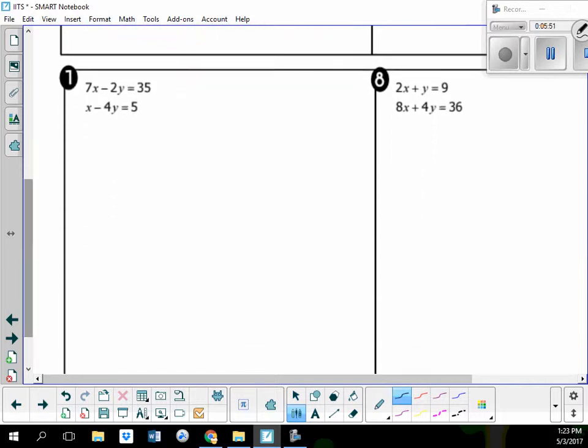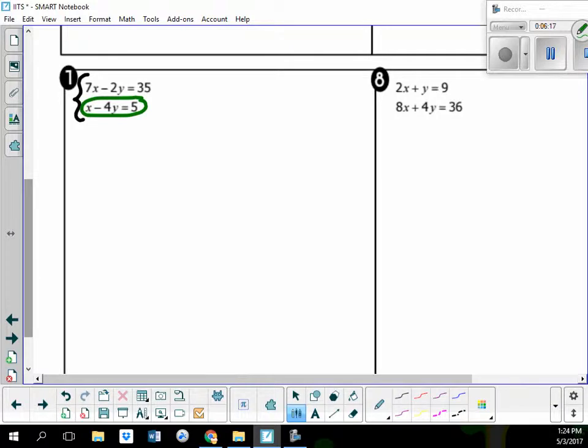So I'm going to look at my system here and look at which one would make it easier to figure out the value of one of my variables. What I see here is that I want to use this second one. I'm going to look at this equation and find the value of x and then substitute that.